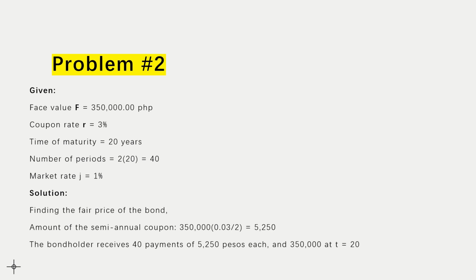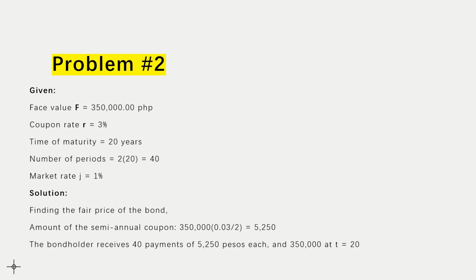Our time of maturity, which is stated in the problem, is 20 years. Our number of periods is 2 times 20, since it was asking for the semi-annual, which means there would be 2 payments in 1 year. So 2 times 20 years means there would be 40 periods. And our market rate is j equal to 1%.